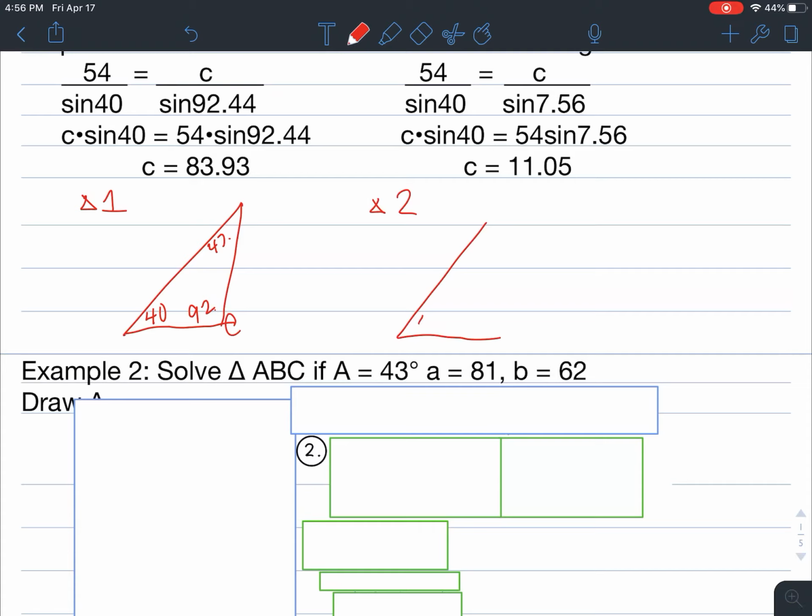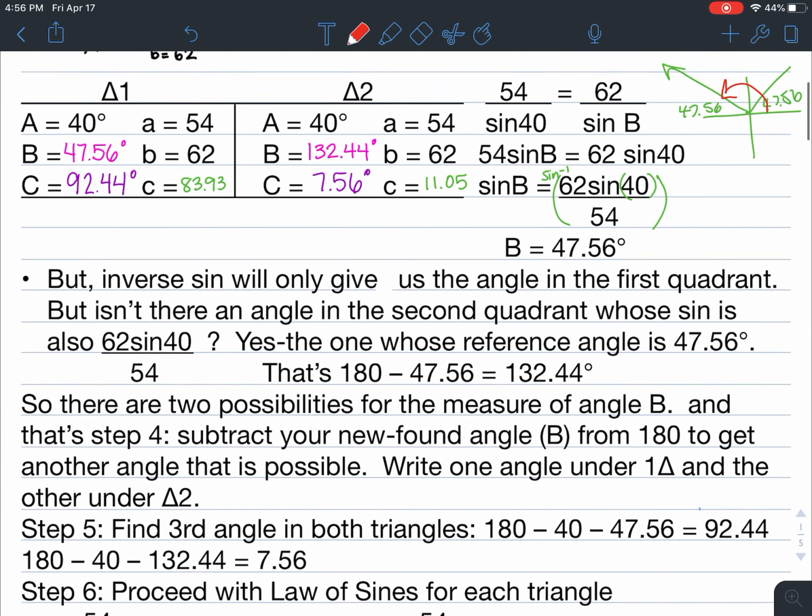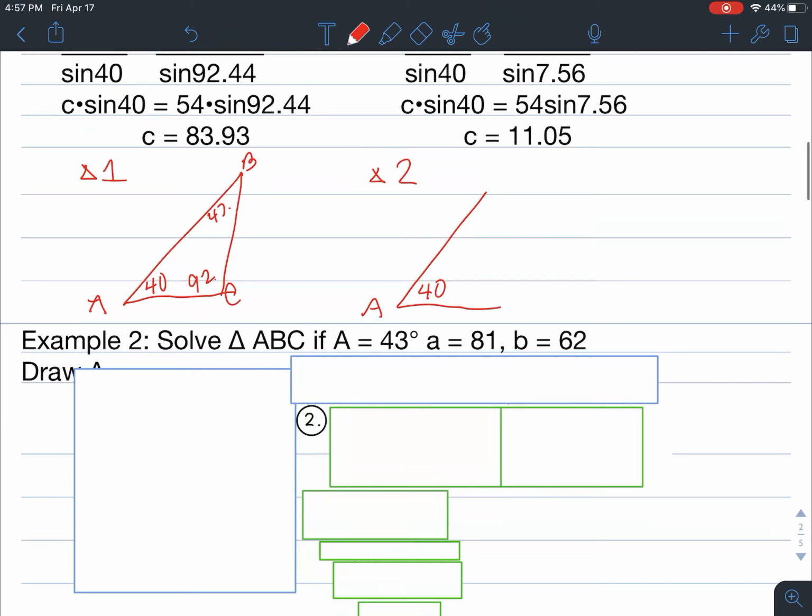Okay, for the other triangle, so here's still the 40-degree angle, angle A. But angle B, if you look at the second triangle, is very big. It's 132. It's really big. Maybe not that big. All right, I got a little crazy there. Okay, so here's B. Maybe this way. There we go.